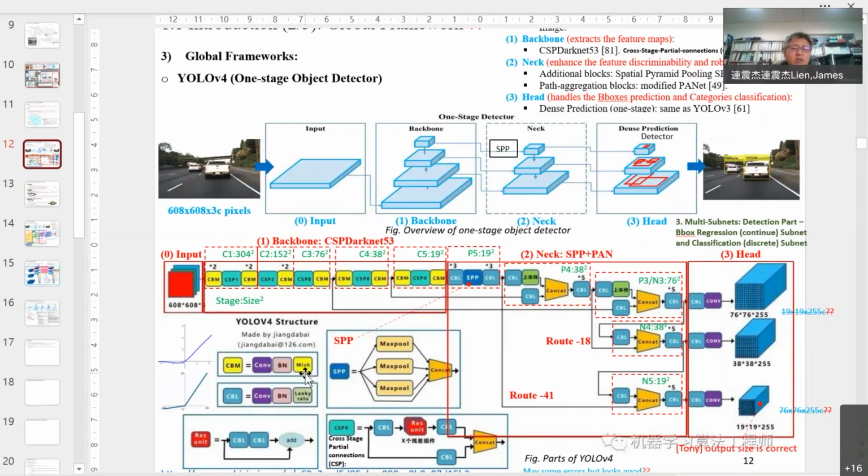So why do they use Mish instead of ReLU? Because with ReLU, below zero the output will be 0, and if it's 0, then after this one it is also 0. ReLU is linear when bigger than 0, and when lower than 0, negative values become 0.